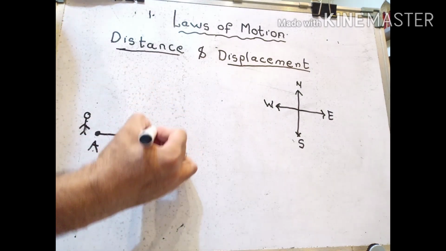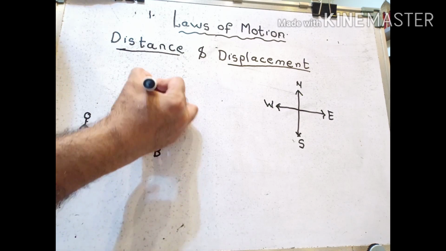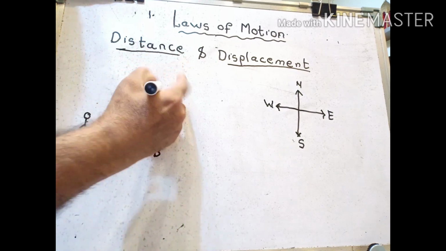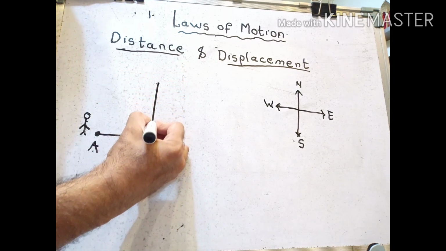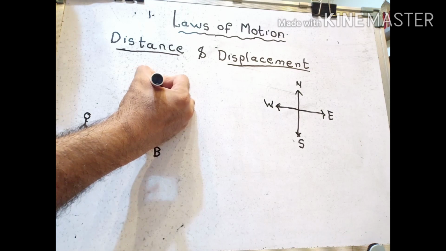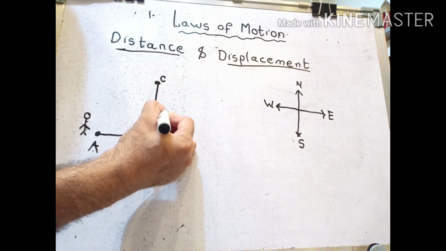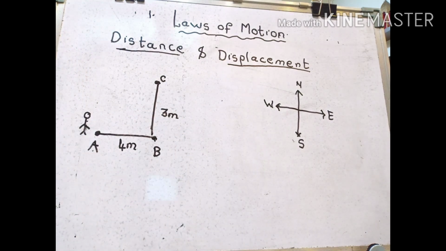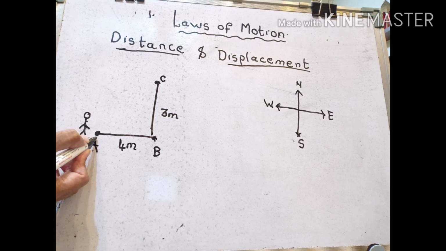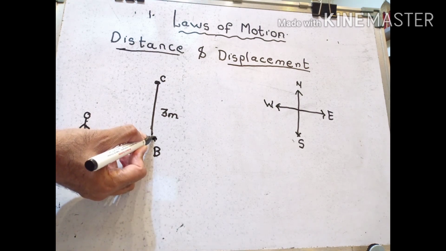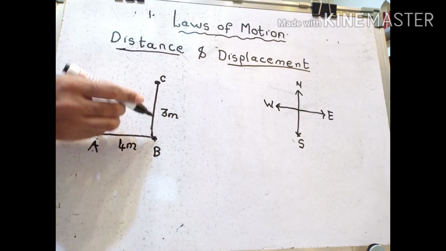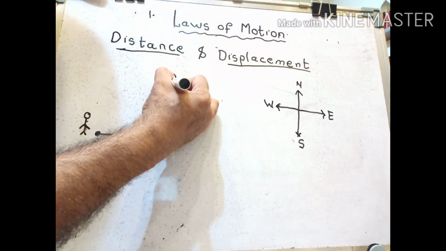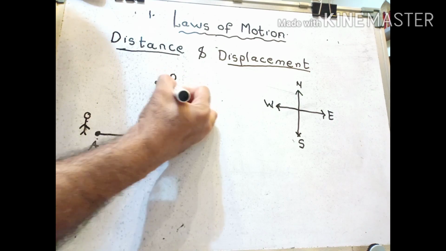After that, after reaching point B, the person goes up to point C, covering a distance of, let us say, 3 meters. These are all just numerical examples so that you will understand. So the person starts from point A, reaches point B, then turns northward and travels a distance of 3 meters. Now the person is positioned at point C, right?